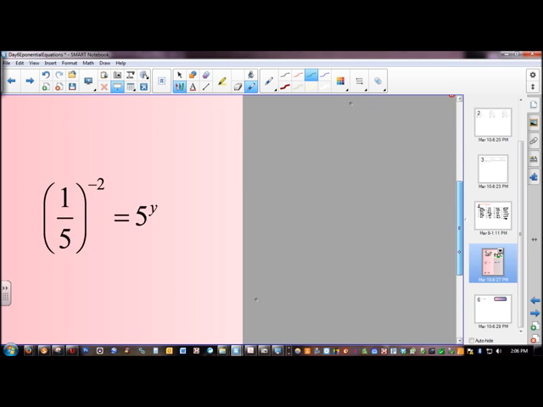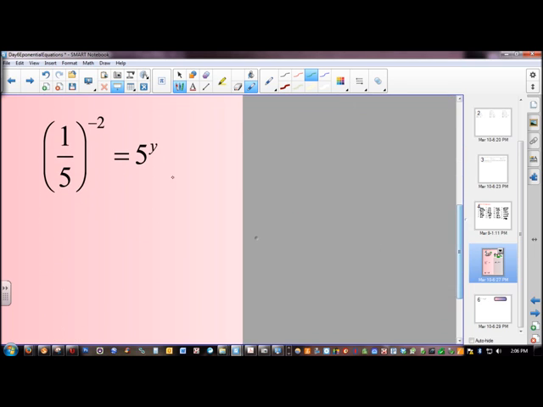Not always quite that simple. When you see a base of 5 here and you see this 5 in the denominator, or something having to do with 5 in the denominator, well, that's telling you that you've got this negative exponent that you can start working with. All right, so let's take care of negative exponents first. Let's take care of moving anything that might be added or subtracted first. A shortcut method of getting rid of that -2 when you have a fraction inside the parentheses is to turn that fraction over.